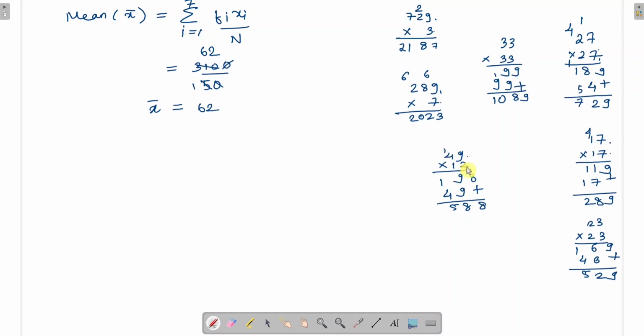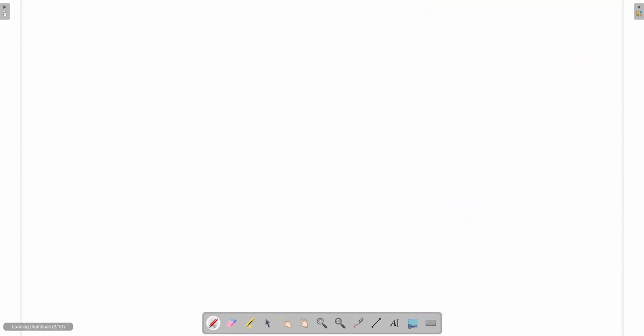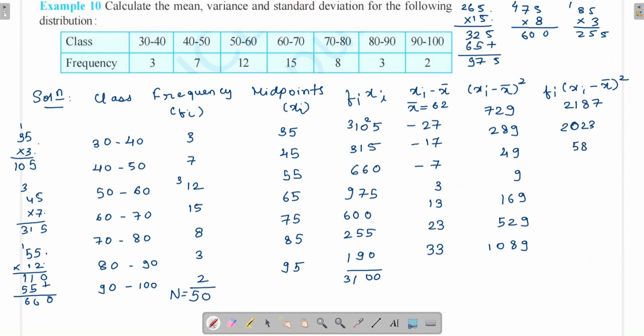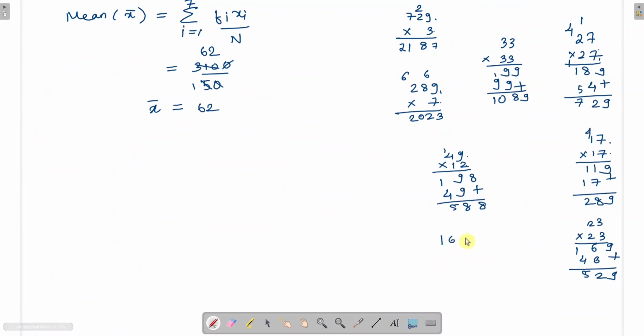Yes, 588, correct it is. 9 times 15 is 135. 169 times 8: 9 times 8 is 72, 6 times 8 is 48 plus 7 is 55, 8 times 1 is 8 plus 5 is 13, so 1352.